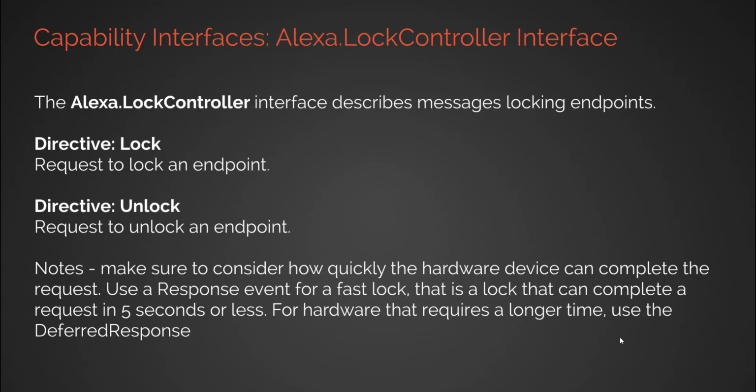Consider all of that in terms of how long a request would take to complete. Typically, if it can happen within less than 5 seconds, then you can use the response for a fast lock. If it's something that would take longer than that, Amazon provides an object called a deferred response.